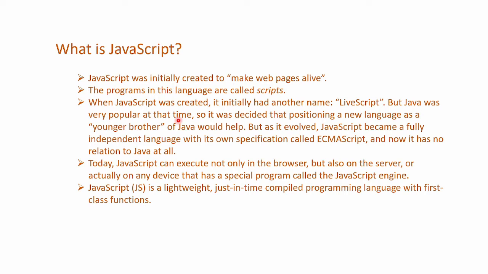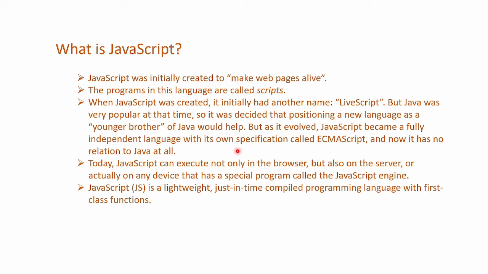And to get the same popularity, the LiveScript team decided to change its name from LiveScript to JavaScript as a younger brother of Java. But as it evolved, JavaScript became a fully independent language with its own specification called ECMAScript. And now it has no relation with Java.